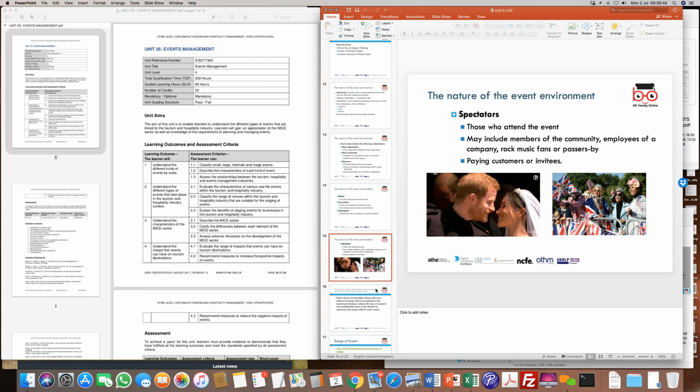In some cases they would be spectators if they're not directly participating. But if they are part and parcel of the event and participating actively, they're called the audience, because there's a bit of interaction between the person on the stage and the audience. Spectators would be people watching from home or from outside the stadium or the location, and they tend to be key stakeholders when a real life event happens.